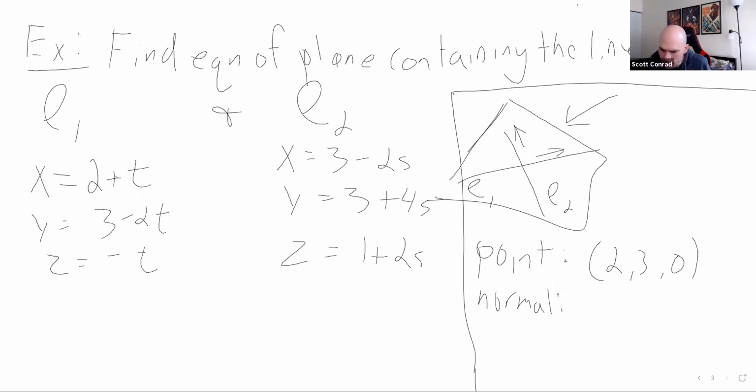So the first line, we have a parallel direction, V1. And the second line, we have a parallel direction, V2, which you can get directly from the equations of the lines. Those two are vectors which are parallel to your plane. We can take their cross product to get a normal vector, in theory.